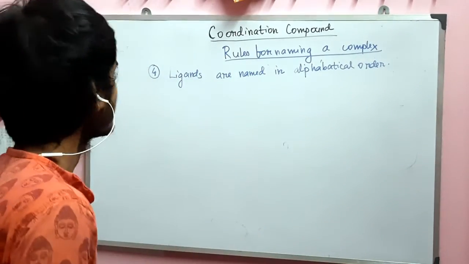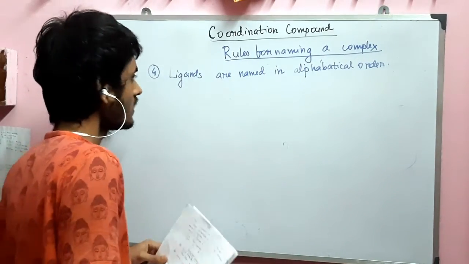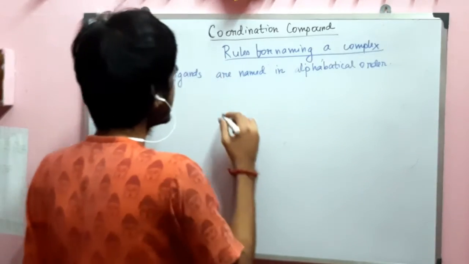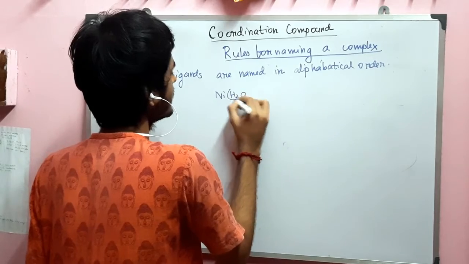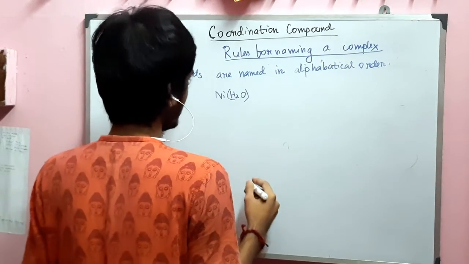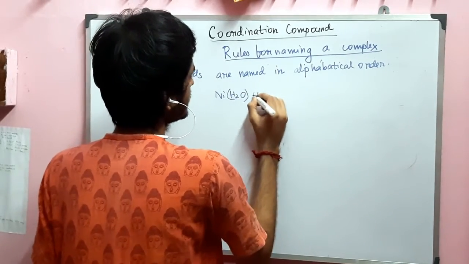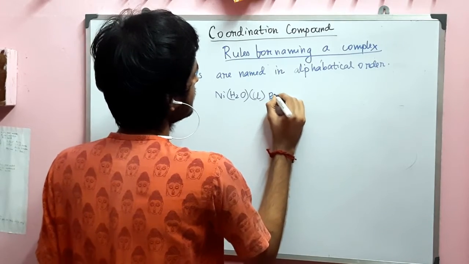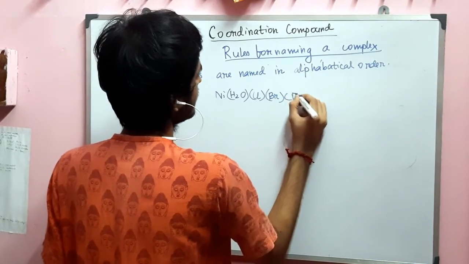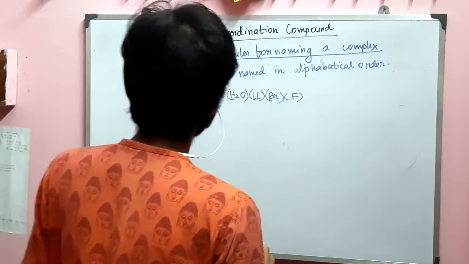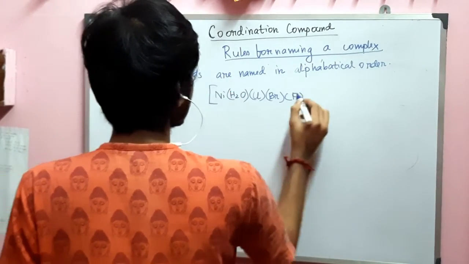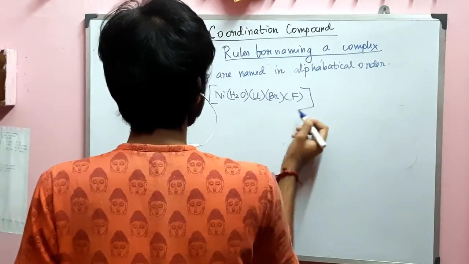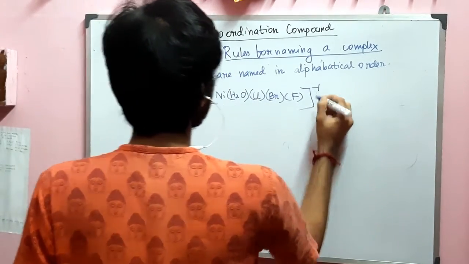What do you mean by this? Suppose we have a complex [Ni(H2O)ClBrF] with a -1 charge.